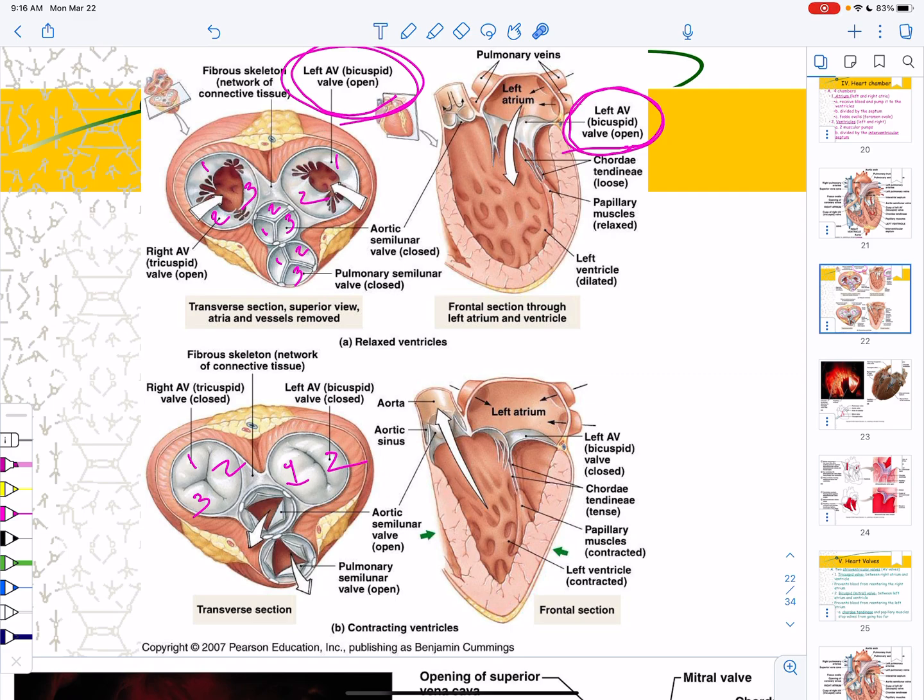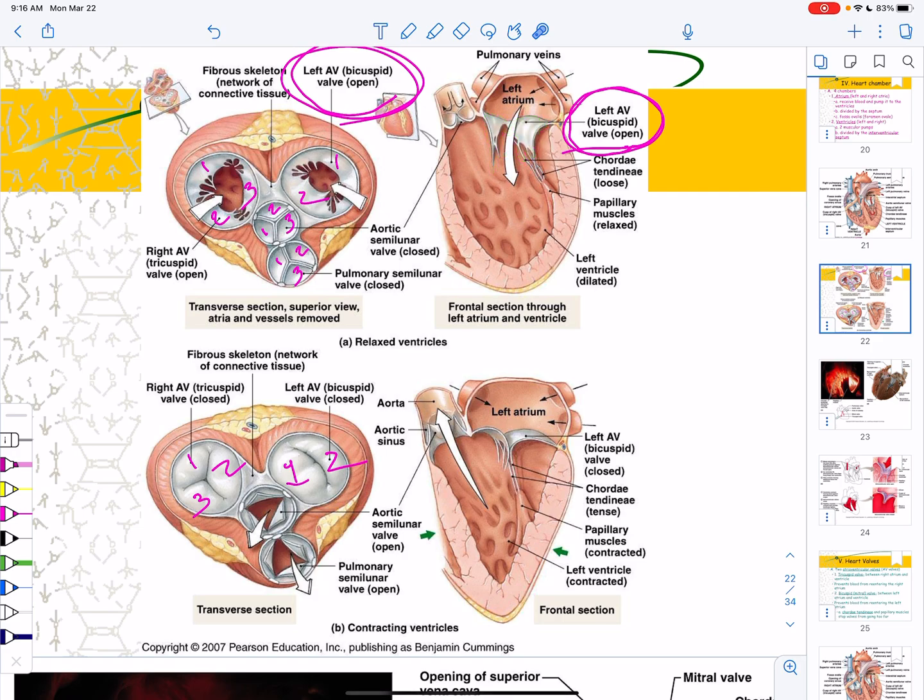So when the blood comes in, you can see that the flow of the blood comes right through these little cusps, they're called. The cusps are these little flaps. And in the bicuspid, there's 2. In the tricuspid, there are 3.